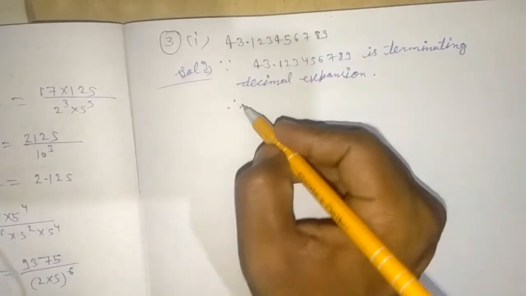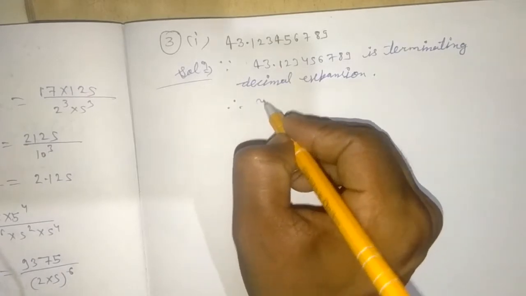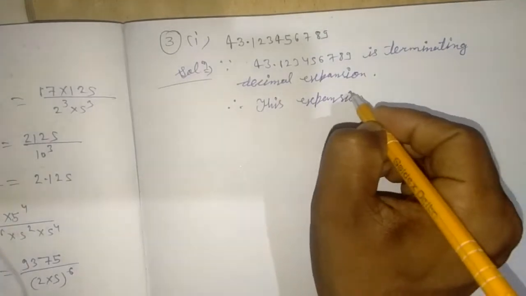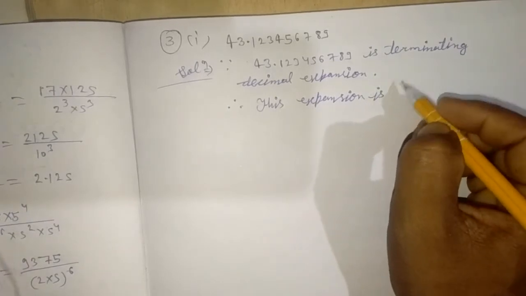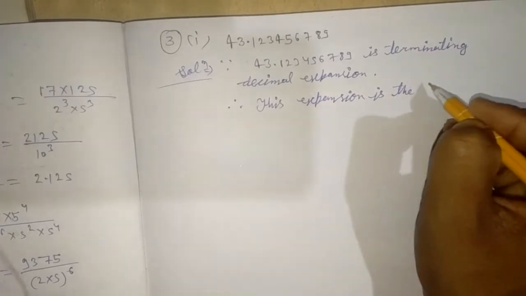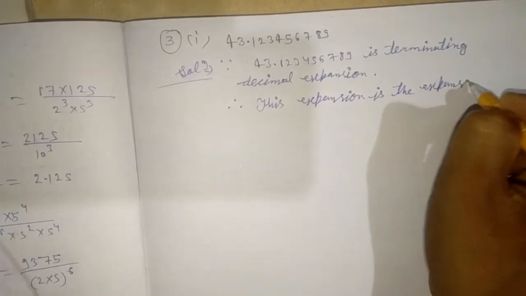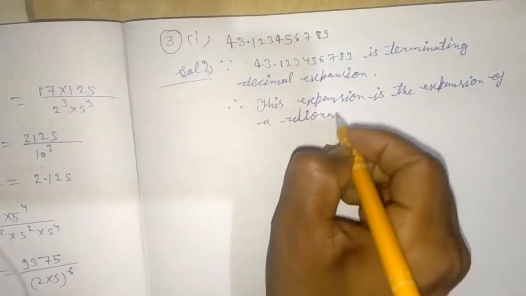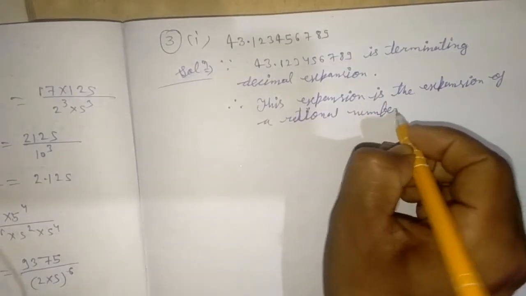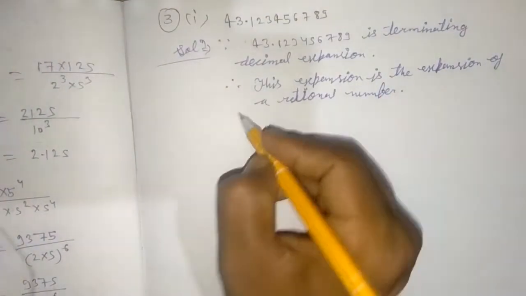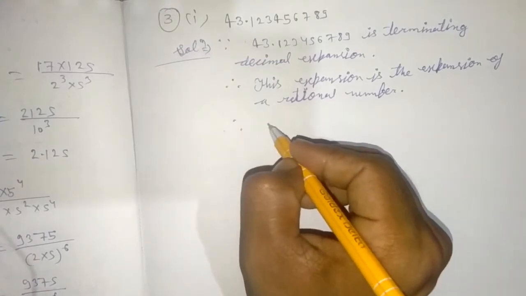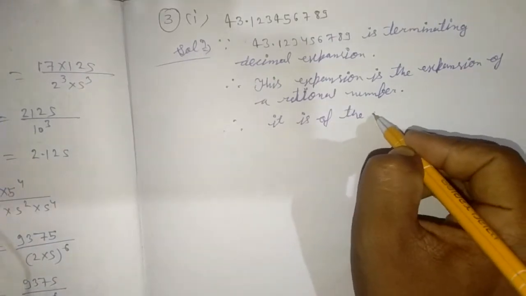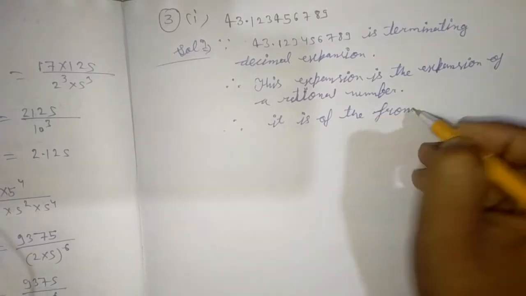So we can write, therefore, this expansion is the expansion of a rational number. Therefore it is of the form p upon q.